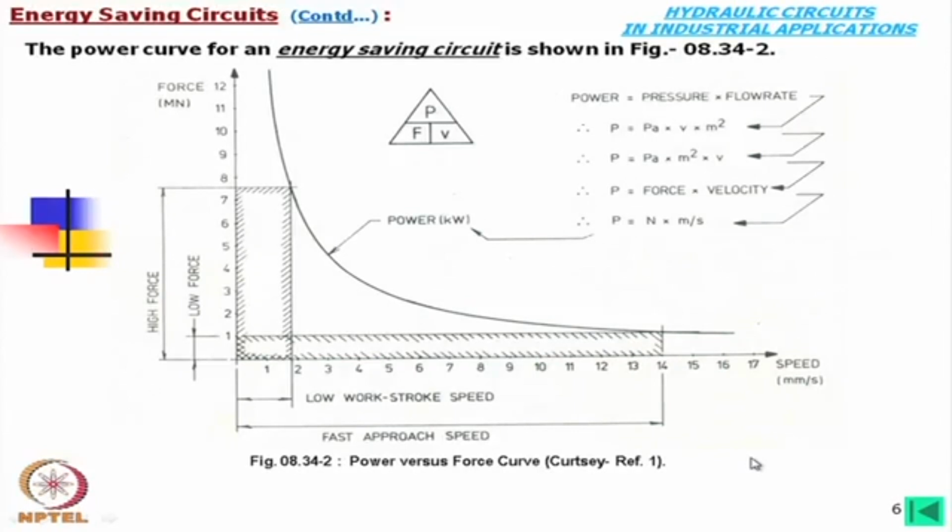Now, first of all, it is better to study the total mapping of the power utilization during the operation. In many cases you will find the operations are sequenced, and maybe we can identify one operation cycle.